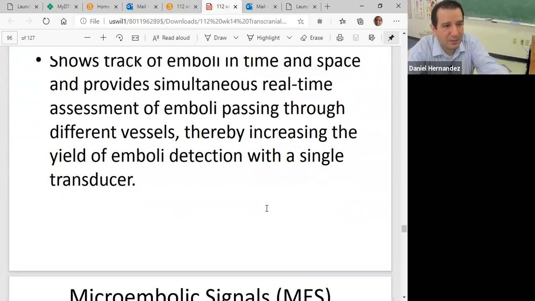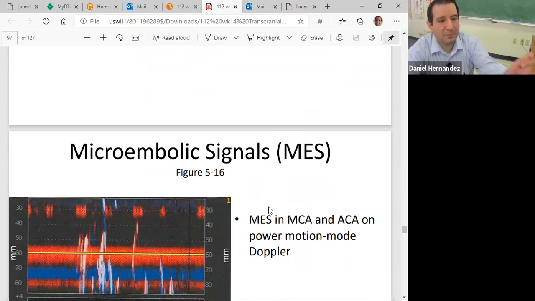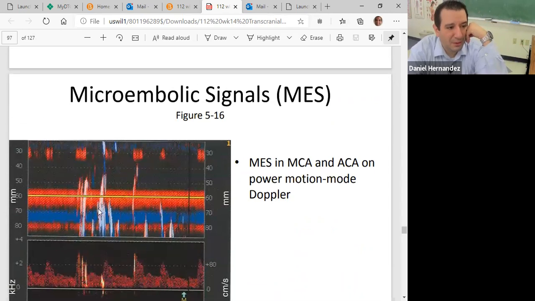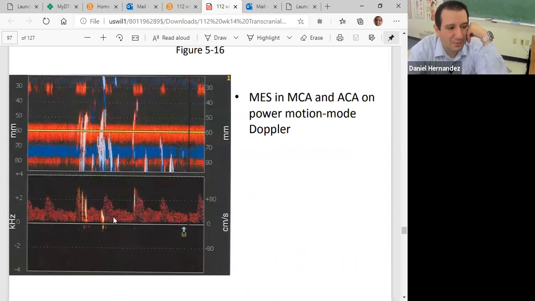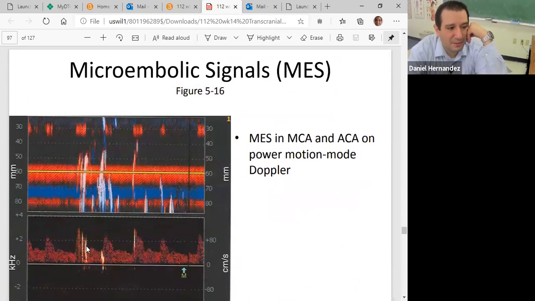So using the power Doppler mode, we're now able to visualize those microemboli. So this is the MES in the MCA and ACA on power motion mode Doppler.